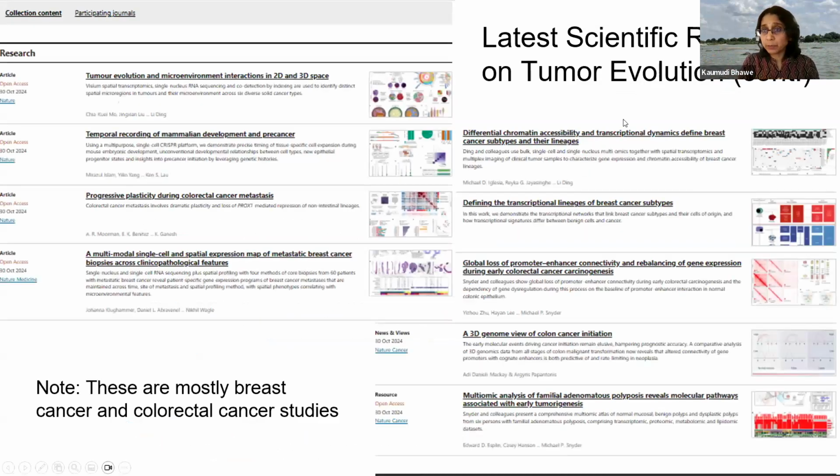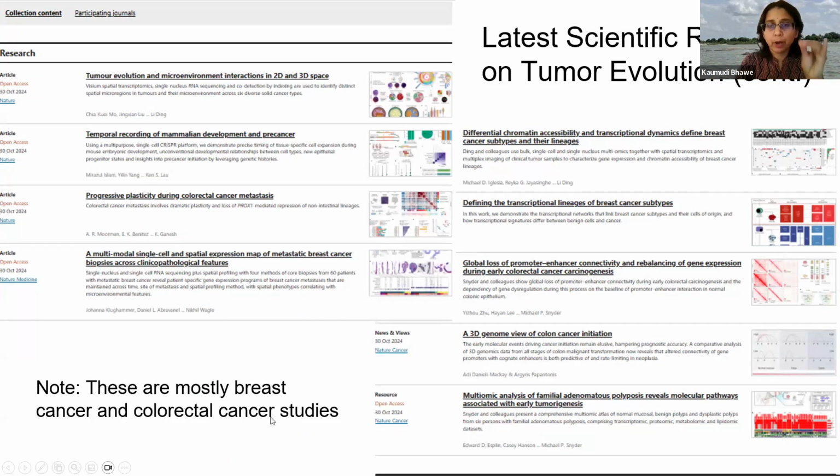There were 10 papers in this portfolio that came out. One thing to note is that these are mostly breast cancer and colorectal cancer studies, for multiple reasons. Perhaps we won't go into those.